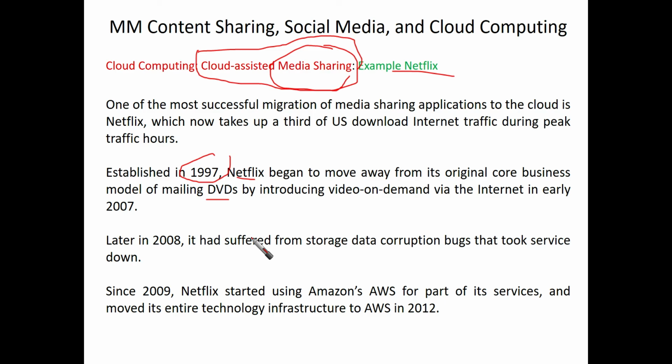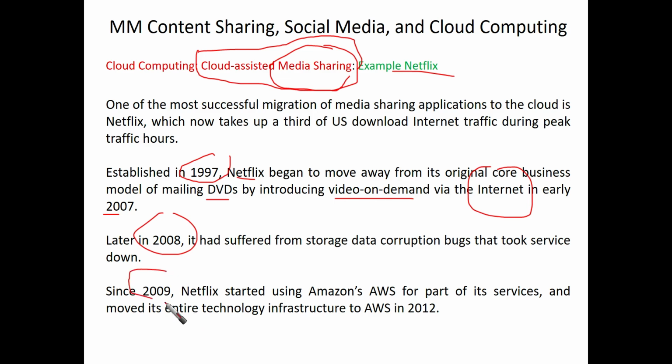In 2007 they started introducing video on demand via the internet, because the internet became popular at the time. Later in 2008 they suffered from storage data corruptions and other troubles providing this video on demand service, because their server was not strong.